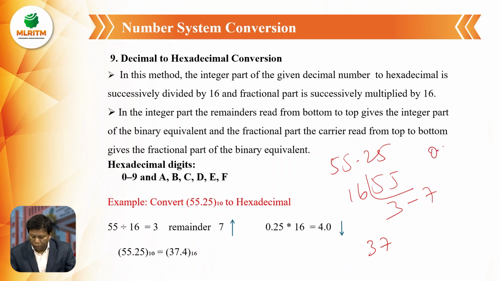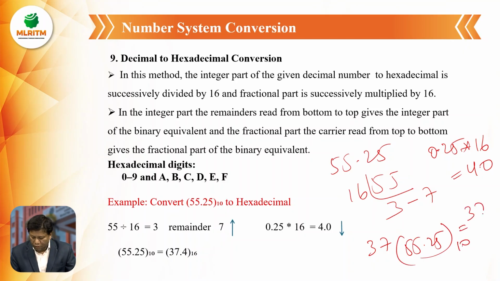Next, the fractional part 0.25 into 16 gives 4.0. Then the final result for 55.25 to the base 10 equals 37.4 to the base 16. That is the final result for hexadecimal.